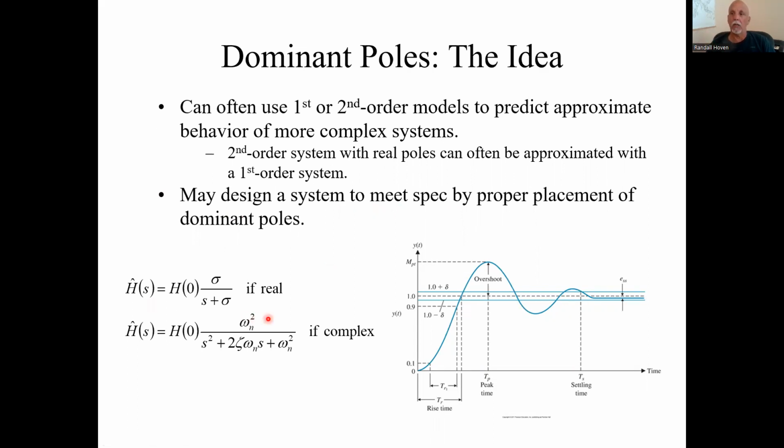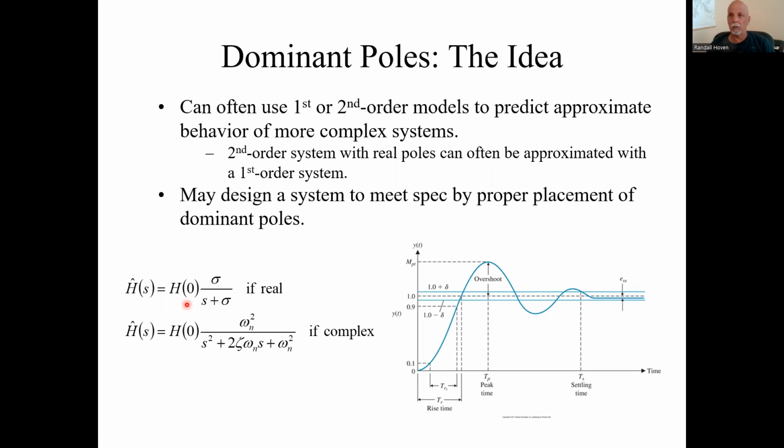And here's the calculations. You start out with the original transfer function. You approximate it. If the rightmost pole is a real pole on the real line, you approximate it with a prototype first order system, sigma over s plus sigma, whose final value to a step input is 1.